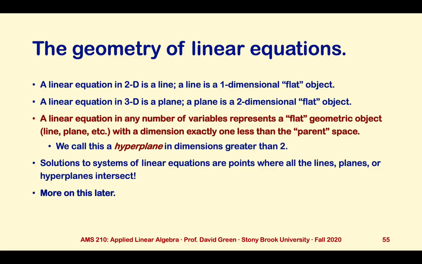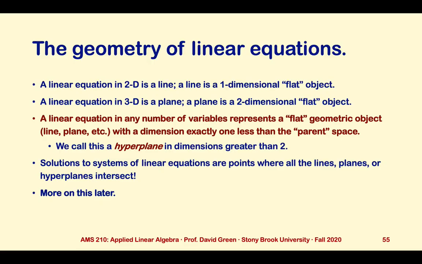We might then extend this idea, and it can be proven that this is in fact what happens when we extend this, but at this point we're just going to take the intuitive jump towards this result. A linear equation in any number of variables represents a flat geometric object, a plane, a line, and so on, with a dimension exactly one less than the parent space.